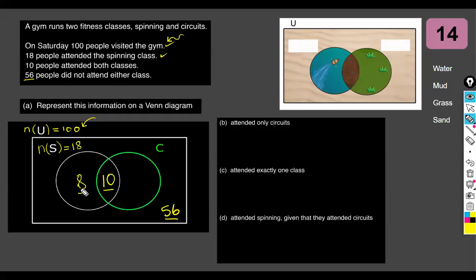I'm really asking you to add the 8, the 10, and the 56 and minus it from 100. You do not have to add back this 18 because it has already been split up into 2 pieces. It has already been catered for in our calculations. So add up the 8, the 10, and the 56 and minus it from the 100, right?